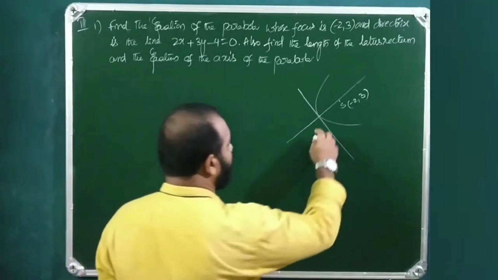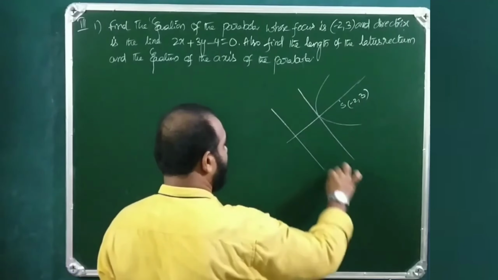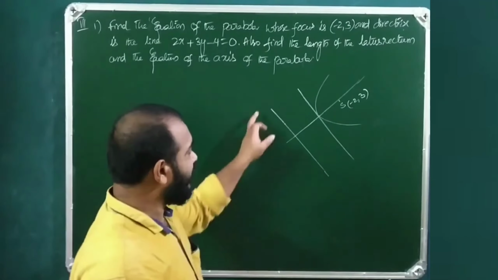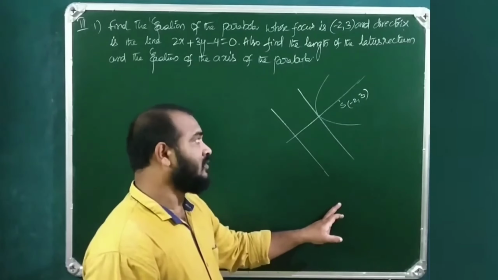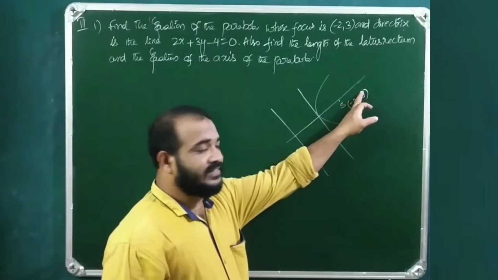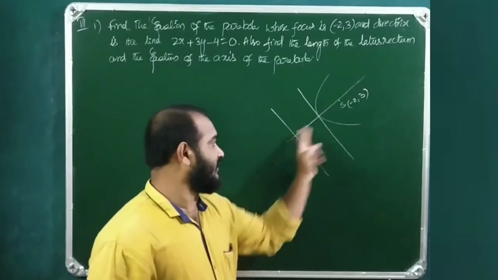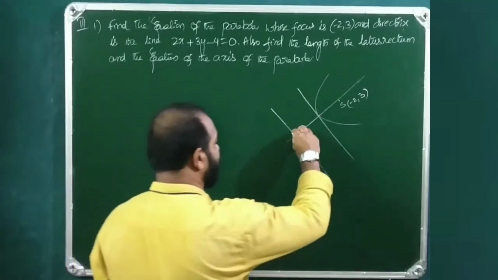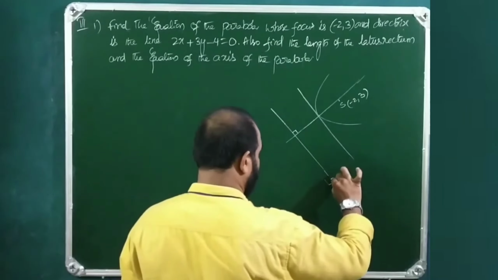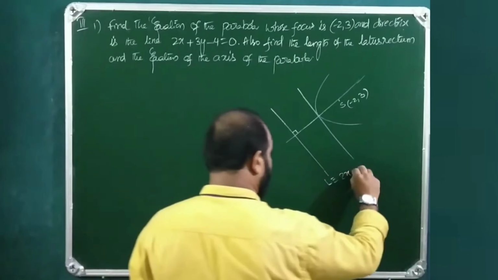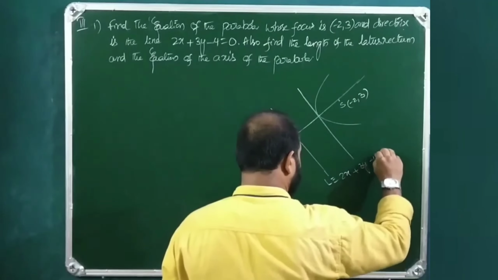And this is my fixed line, which is said to be the directrix. The directrix is the line perpendicular to the axis. This is L: 2x + 3y - 4 = 0.